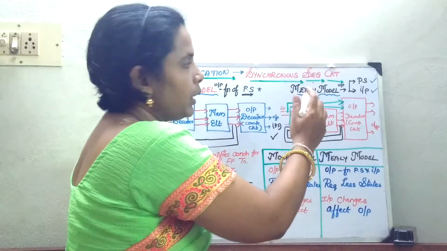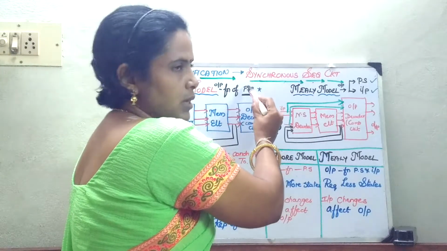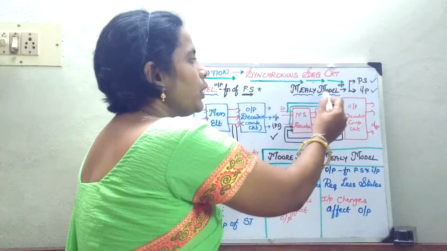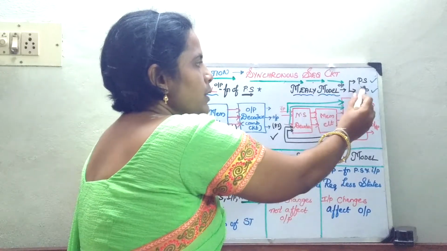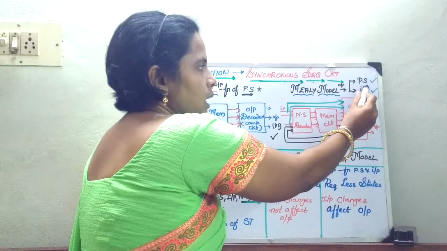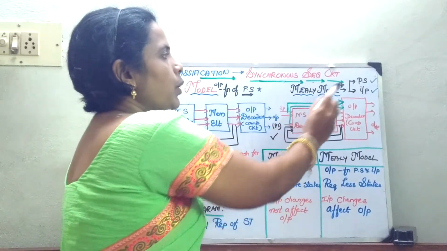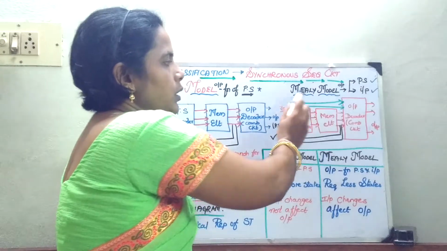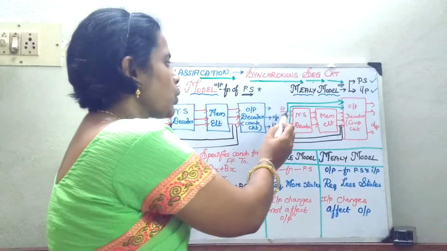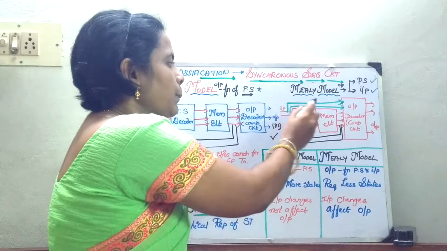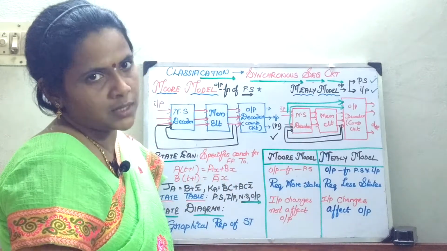So many. Moore is only depending upon your present state, whereas Mealy depends upon both my present state as well as my input. If it depends upon both my present state and input, it is called a Mealy model.